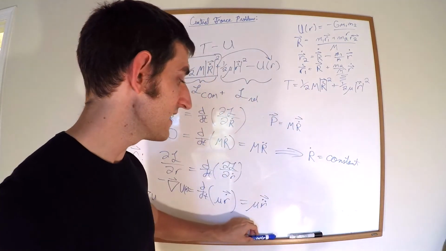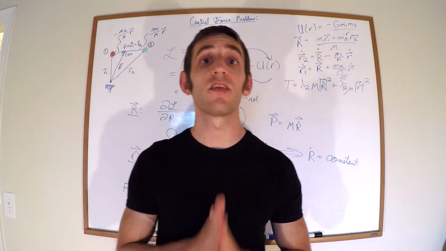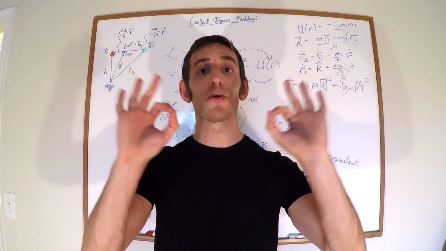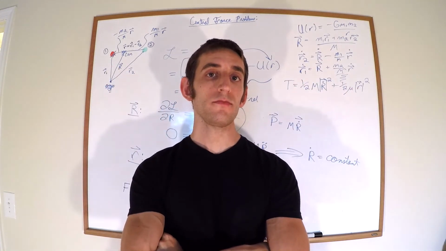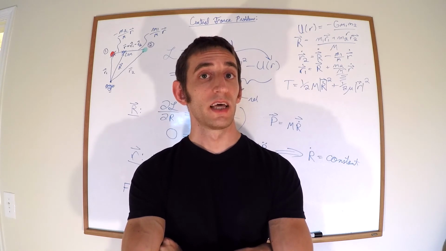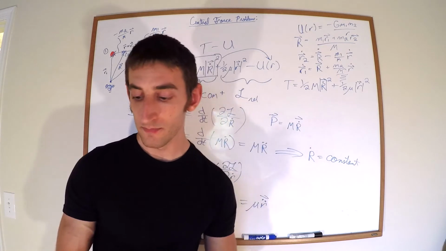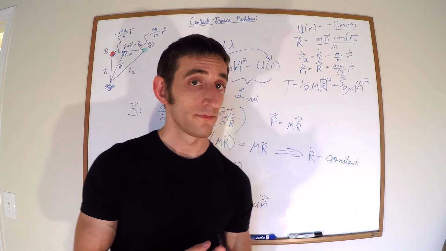The physical and intuitive approach I want to take is asking the following. Using this information, can we redefine our perspective? Can we measure things in a different reference frame? What would happen?